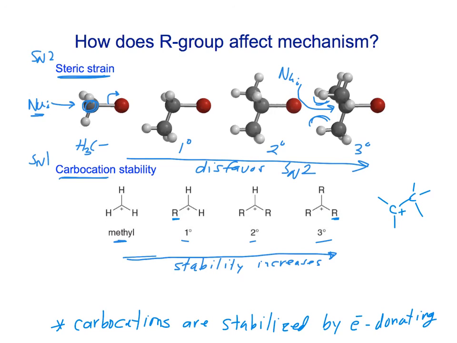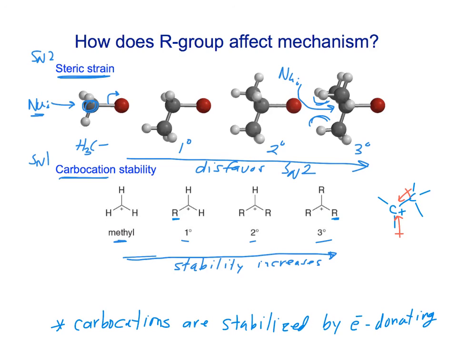These carbon bonds, or the electrons around the substituent, are able to donate electron density to the carbocation. And the more of those groups we have donating electron density, the more stable is the carbocation.